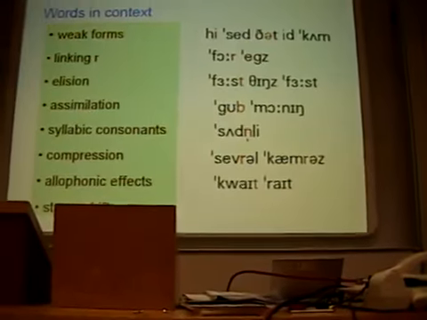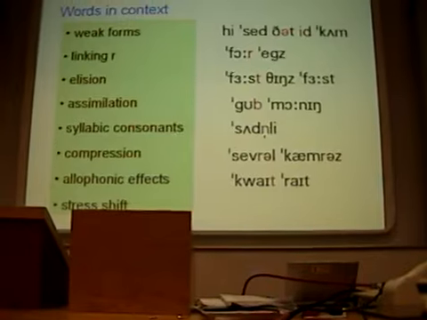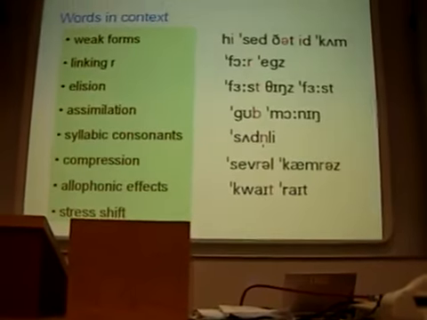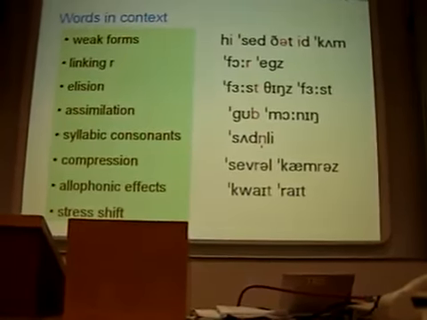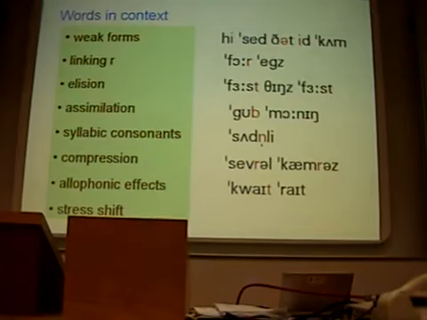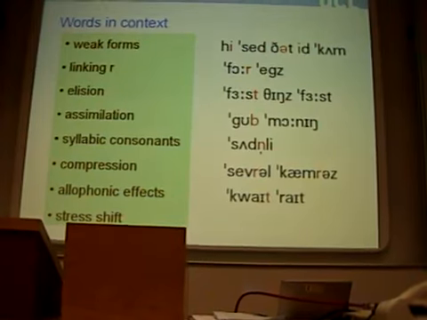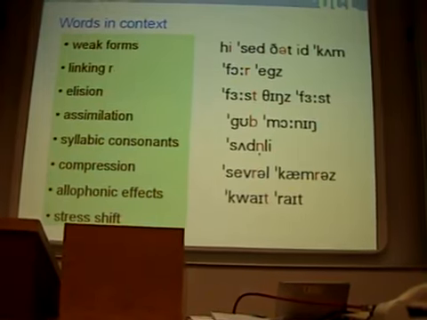You can put the T and the R together, making an affricate out of it. Or you can replace the T with a glottal stop. Or there are various other possibilities.